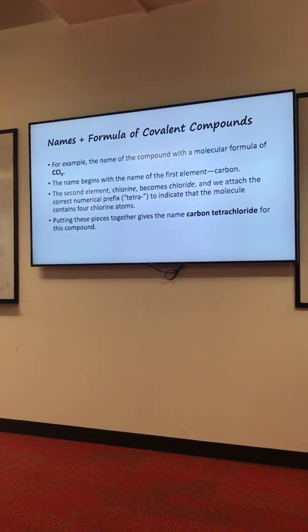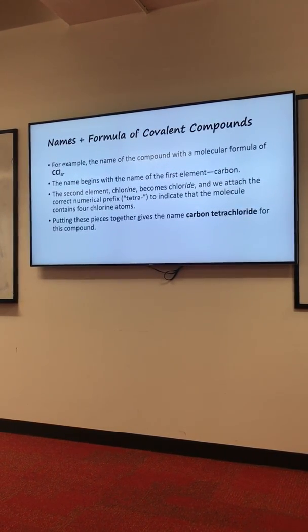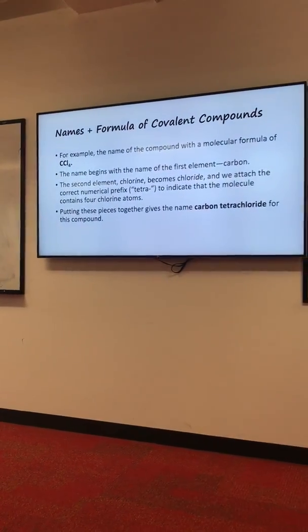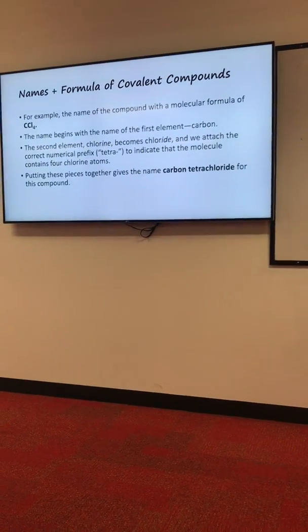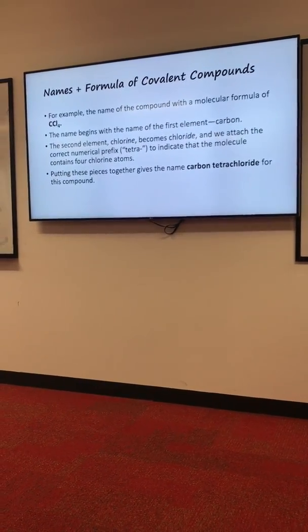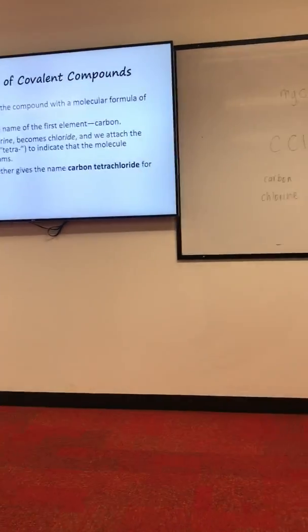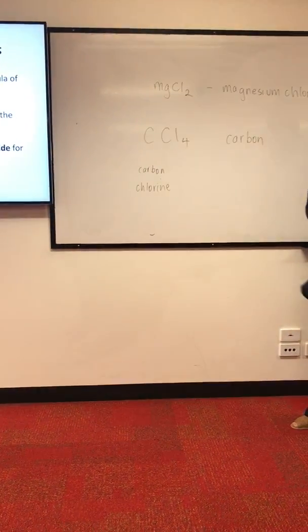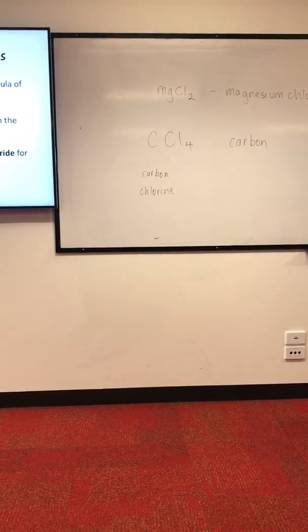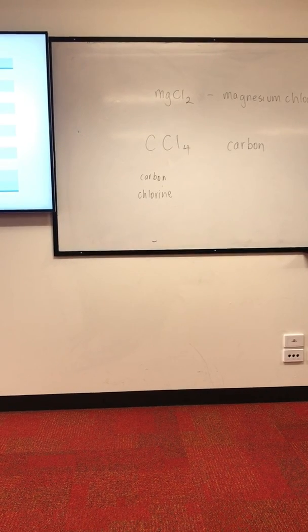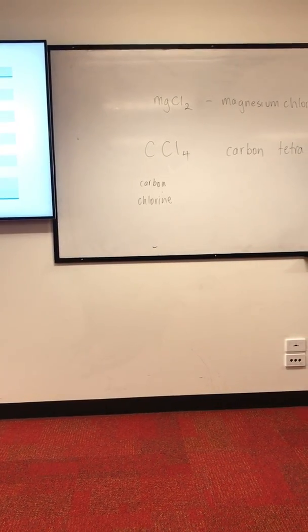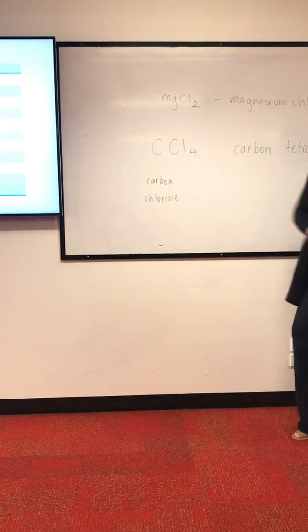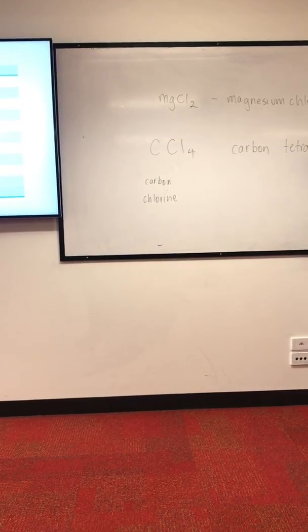Now we don't have to write mono. We just leave it off, just like we don't write 1 in our ionic compounds. We assume that if there's nothing there, it's 1. So it would be carbon. And then because we've got 4 chlorine atoms, we need to put the prefix tetra. And then we need to change slightly the name of that element to chloride.